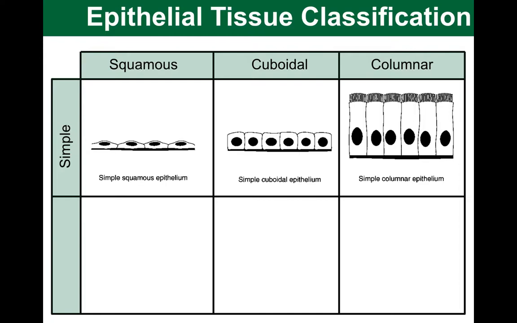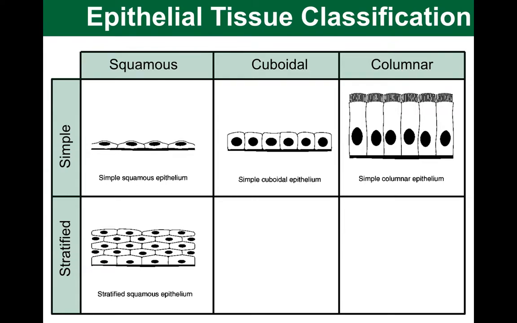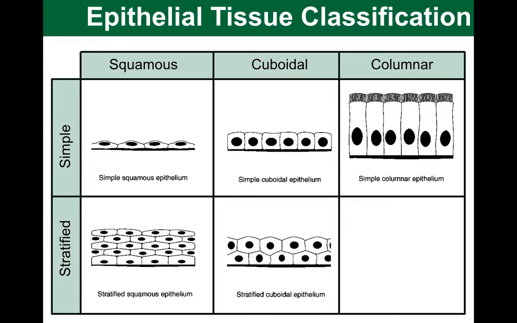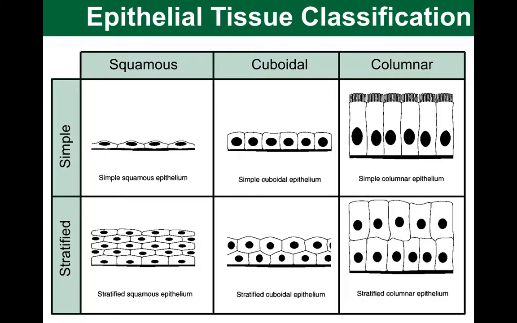But what if there are multiple layers of cells in the epithelial tissues? Well, the word we use to describe many layers is stratified. And now we would end up with stratified squamous, stratified cuboidal, and stratified columnar epithelial tissue types. I hope that this makes sense. I think that it is a rather nice looking table that we have generated here.